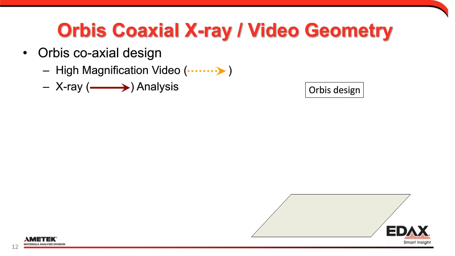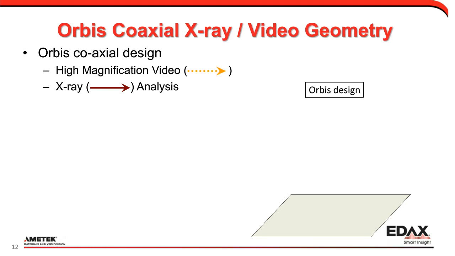I wanted to explain some of the design features of the Orbis system and why we choose to put these features in there to make an XRF analysis. The Orbis has a coaxial X-ray and video geometry system. What does that mean?